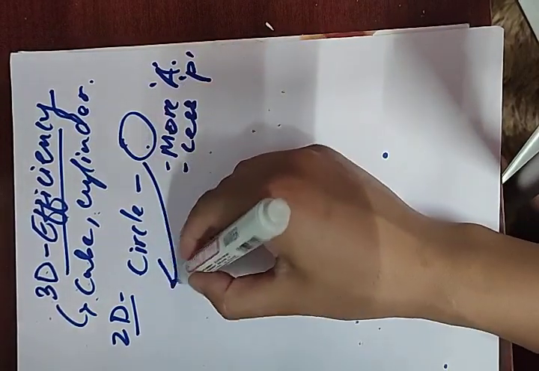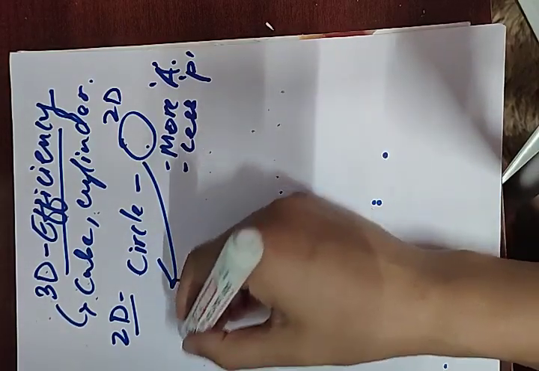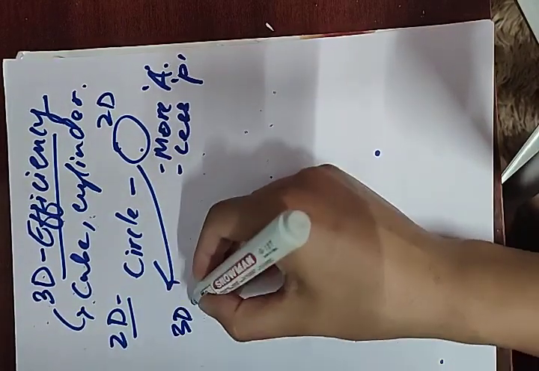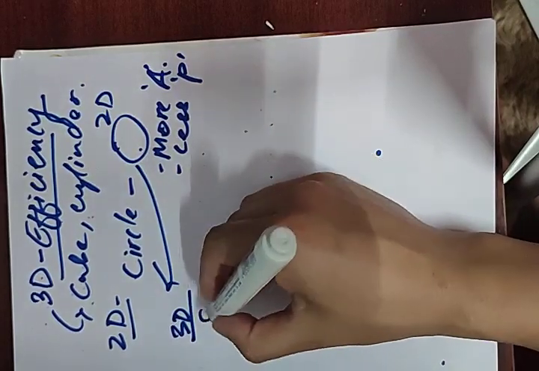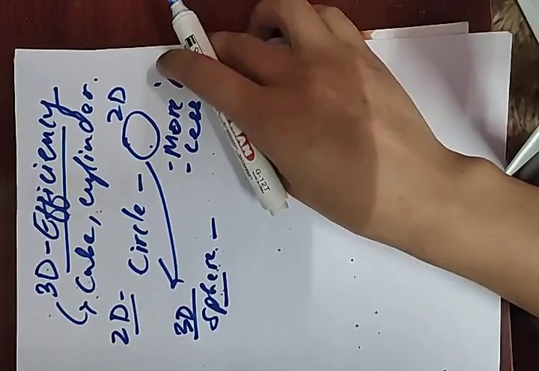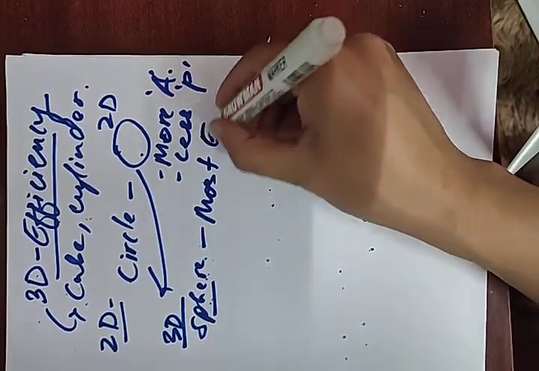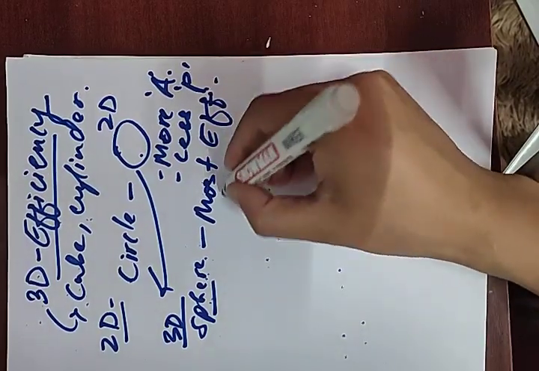Similar to this 2D shape circle, we have a 3D shape called a sphere. So the sphere is the most efficient 3D shape.